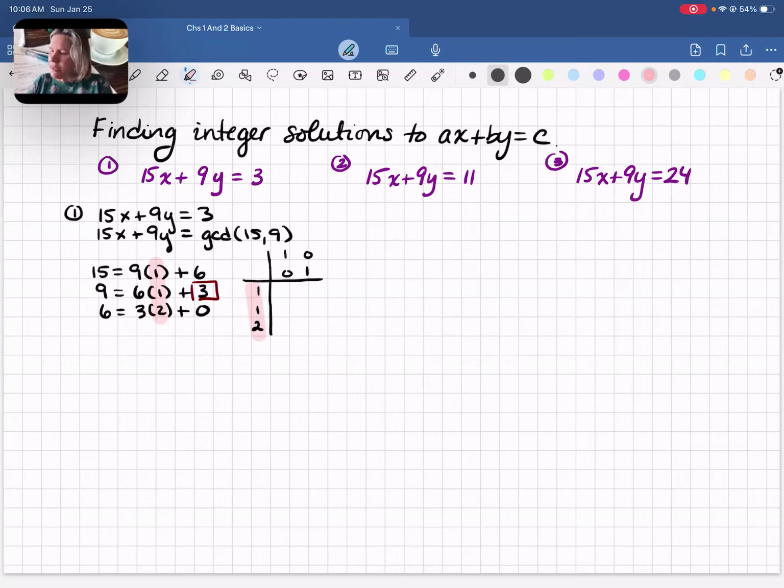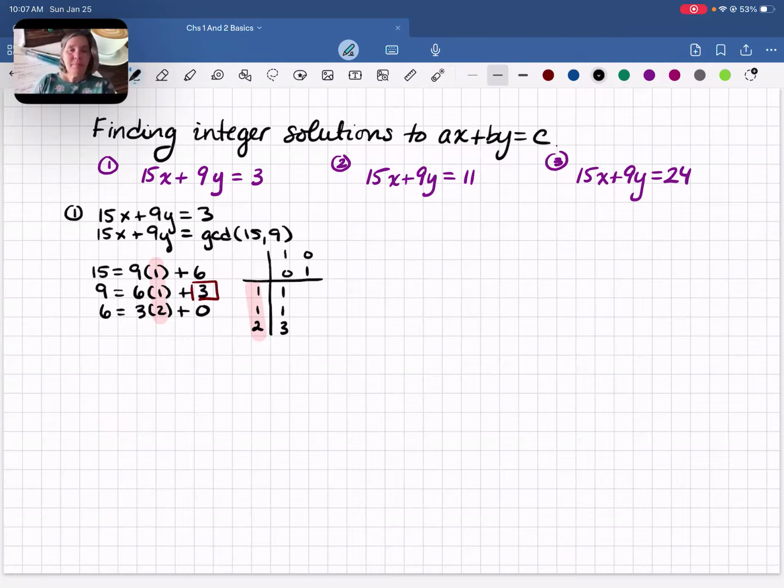Then I'll use a recursive property where down each column, I take the quotient times the previous value plus the one up above it. So I will do 1 times 0 plus 1. That's 1. Then 1 times 1 plus 0. That's also 1. And then 2 times 1 plus 1, and that is 3.